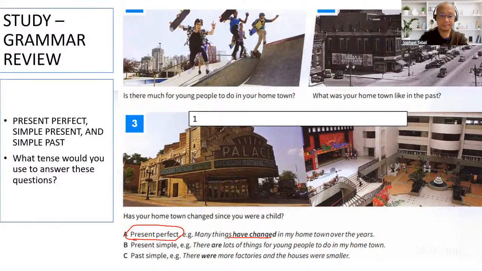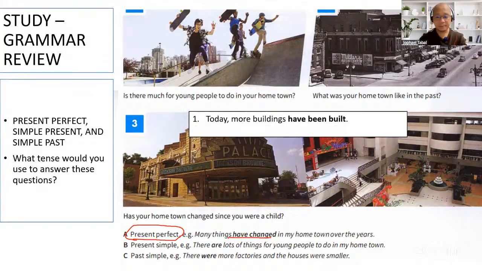However, today we can see that more buildings have been built. As you can see here, we have have plus past participle. Have been built, this is present perfect.